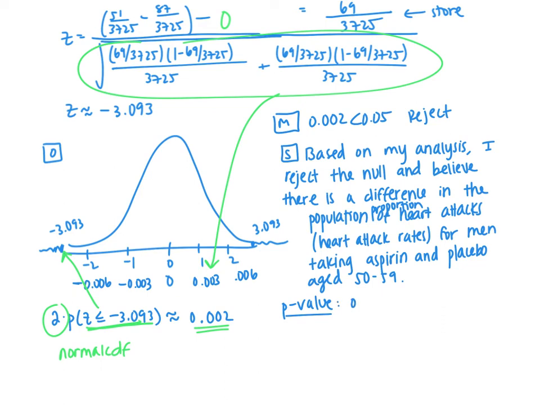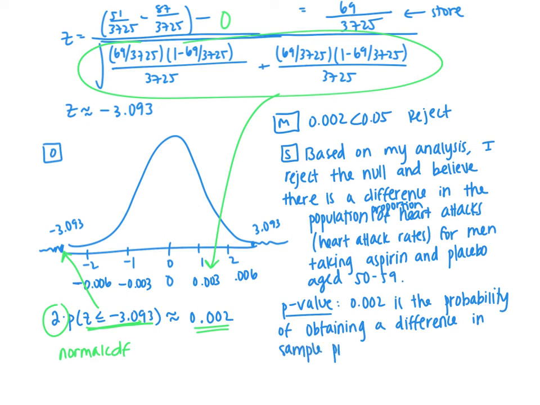So then for the p-value, 0.002 is the probability of obtaining a difference in sample proportions of, I don't know, I actually have to calculate it.